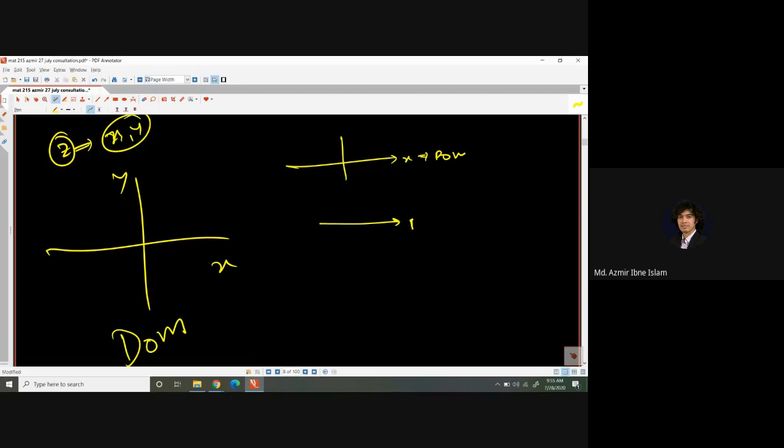Let's say this is real number x, this is the domain, and this vertical axis is acting as the range. Now we can combine x and y, so we have domain and range in the same figure for a real valued function. But the problem arises for a complex valued function. We have x and y, both acting as the domain. So let's say x, y is the point, it is the input, it is the domain.